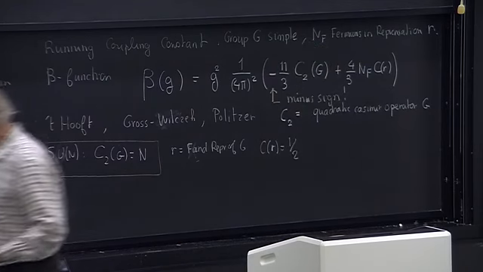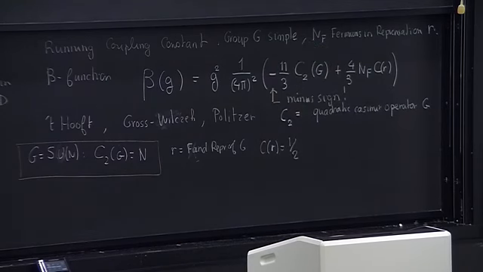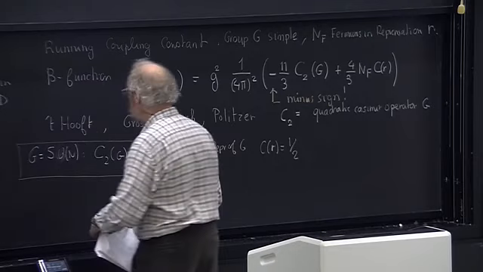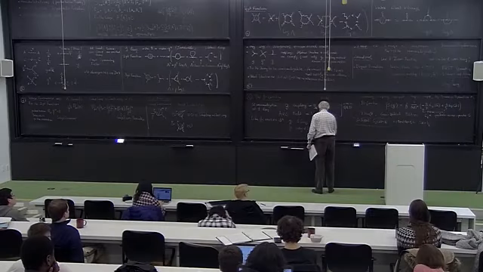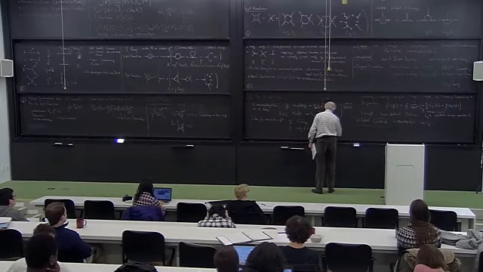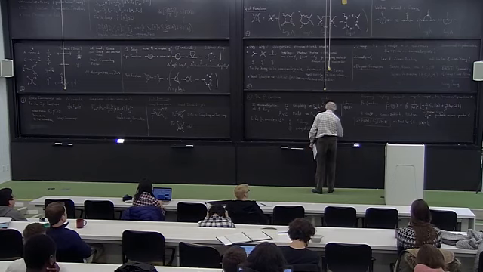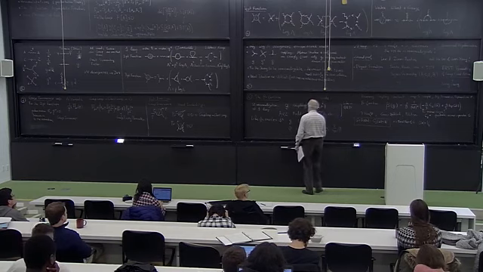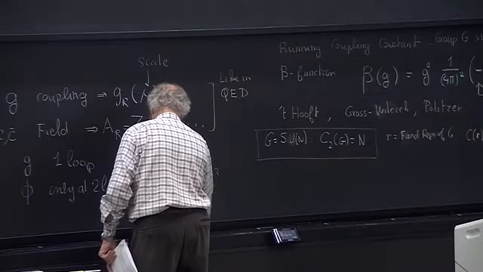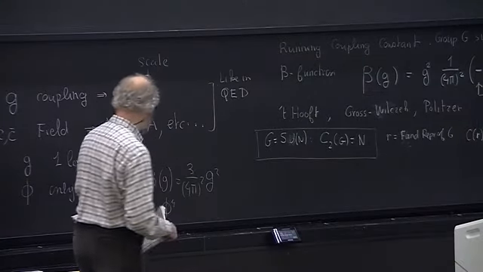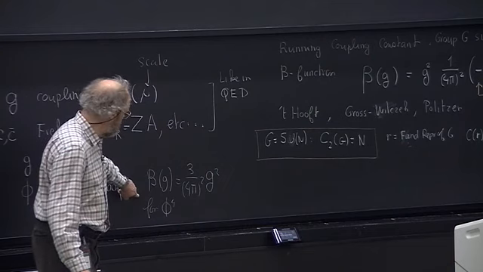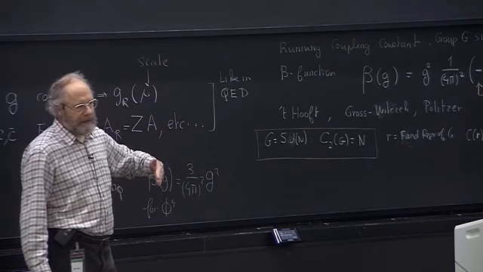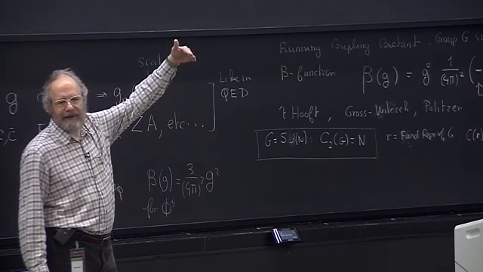And that's very important because that's different from phi4. For phi4, remember, the beta function of G was 3 over 4 pi squared G squared, which means that the running coupling constant goes up at high energy.